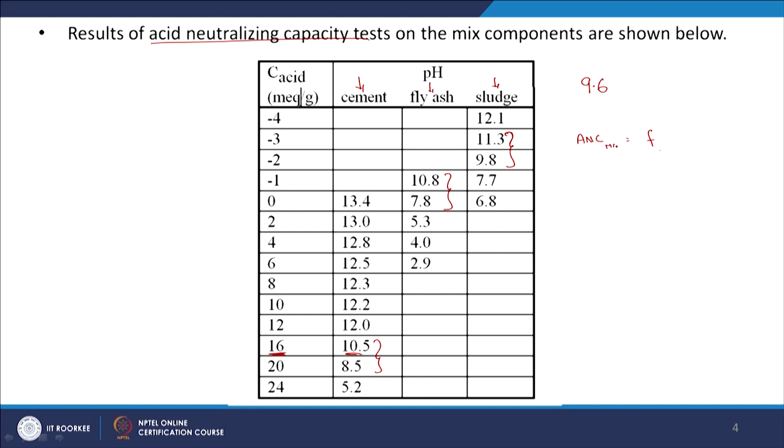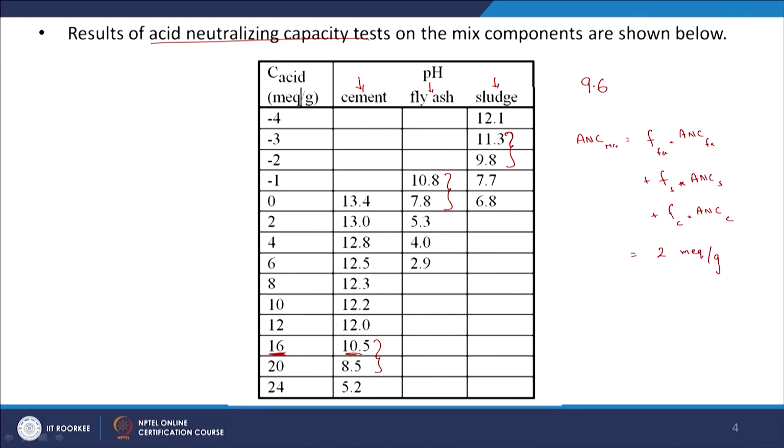Fraction of the fly ash times acid neutralizing capacity of fly ash, plus fraction of sludge times acid neutralizing capacity of the sludge, plus fraction of cement times acid neutralizing capacity of the cement. And all this needs to be equal to 2 milliequivalents per gram of your mixture.